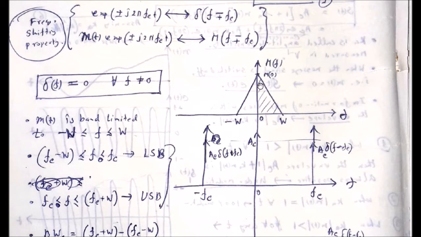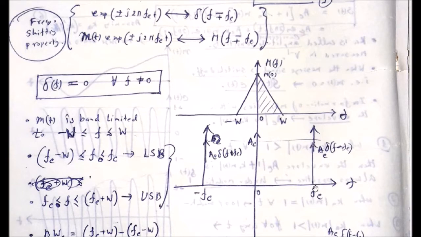Now if you consider the carrier component, it is a single frequency component. It should be represented by a simple delta function, centered at fc, because the carrier frequency is fc, a single frequency. For the message signal, its amplitude is m0 at f equal to 0, and for the carrier signal, we know that it is positive AC.